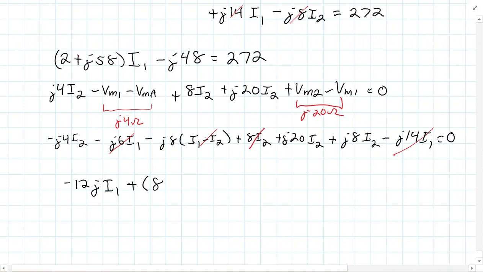That gets me my I2 portion there. And then the rest is imaginary, so I've got minus 4.